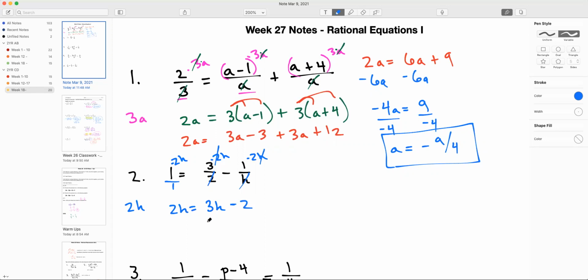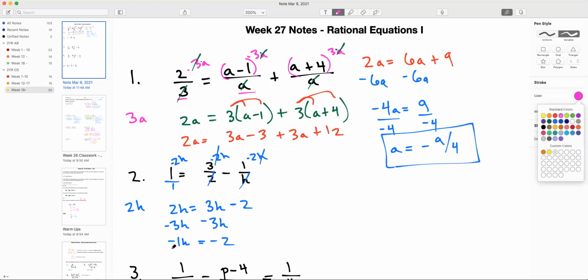Now we just continue getting all the variables to one side. 2 minus 3 is -1. H equals -2. And divide both sides by -1. The -1's cancel. H equals 2.